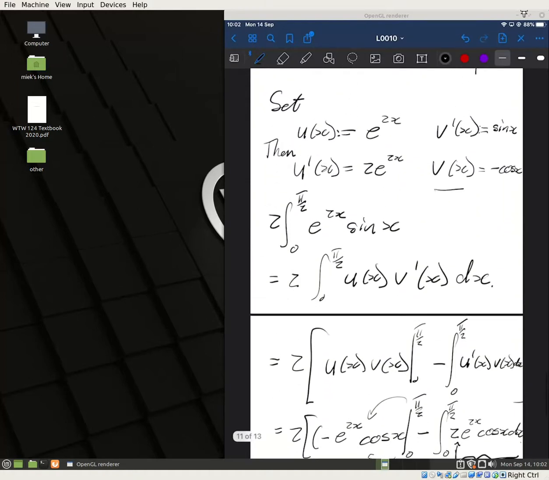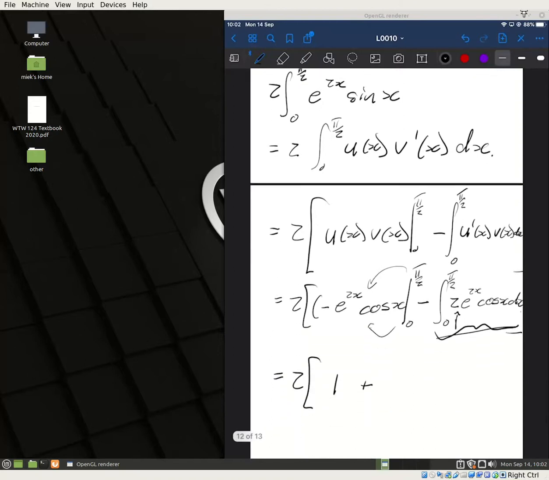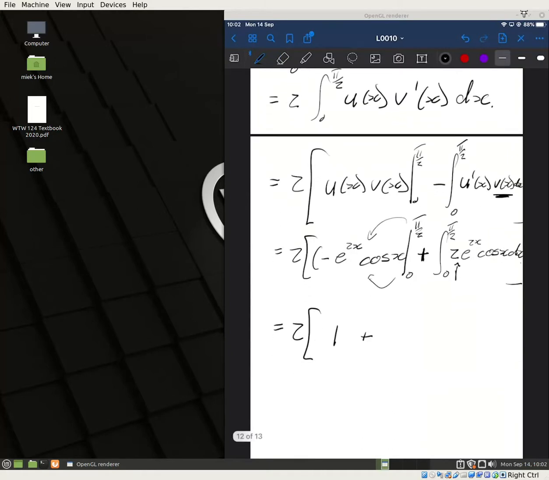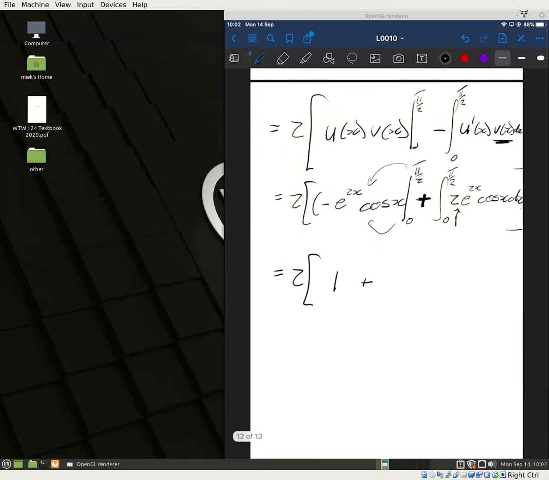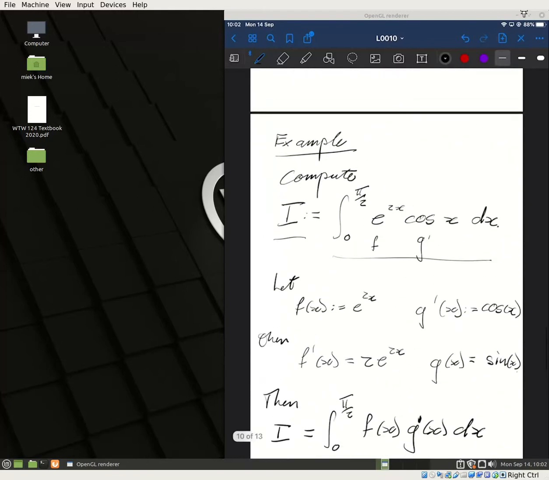This v of x is a minus cosine x, so in fact here that turns into a plus. So sorry about that. Notice here this v of x is a minus cosine x, so we end up with a plus there. Okay, and then if we take this 2 out, this is 2 times I, where this I is our original integral that we had.